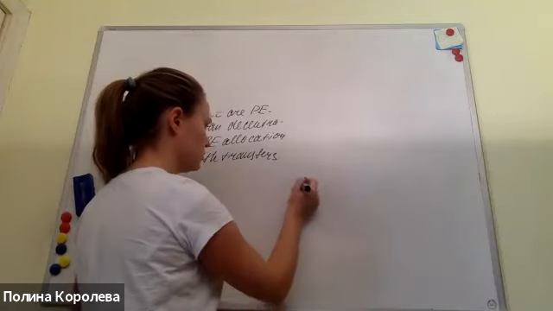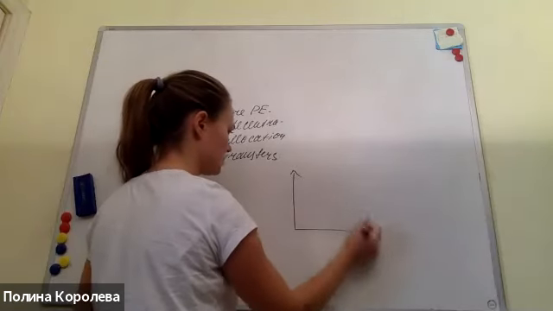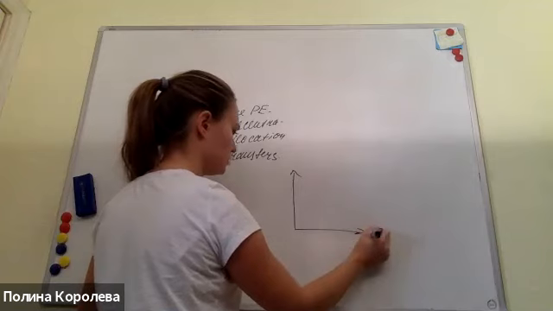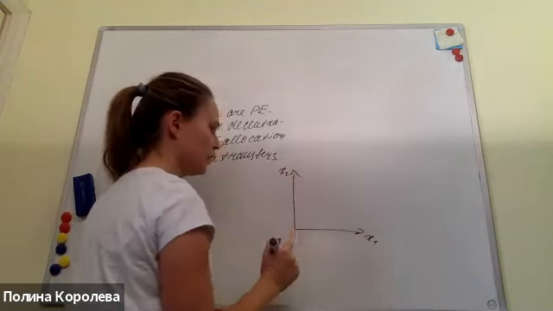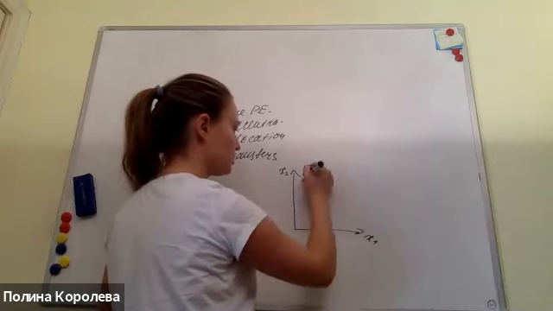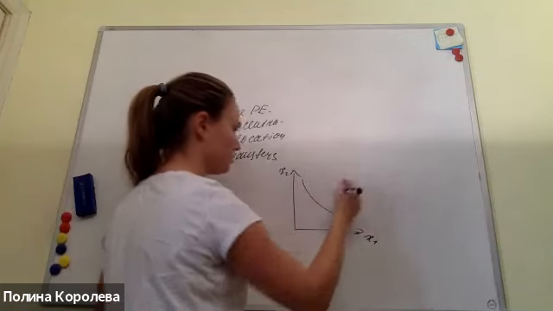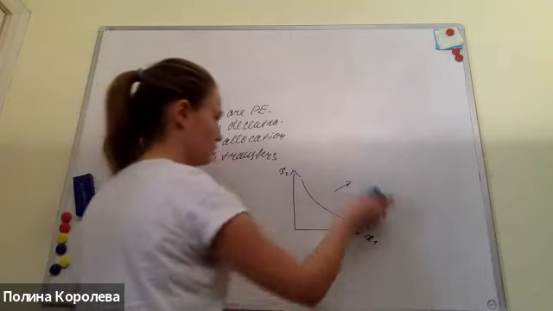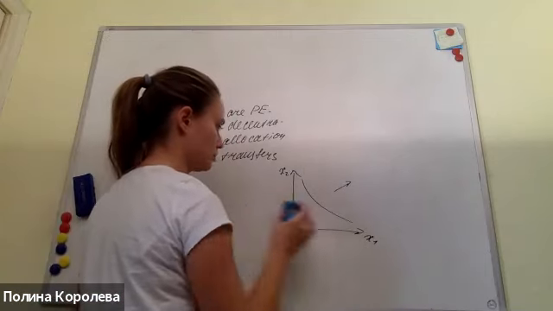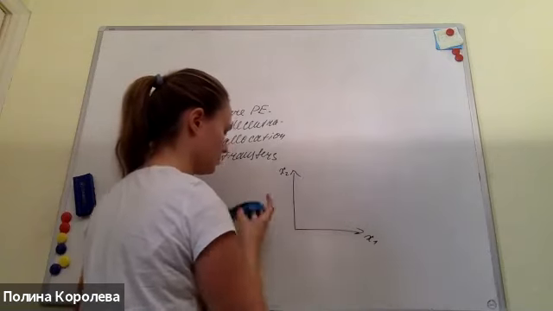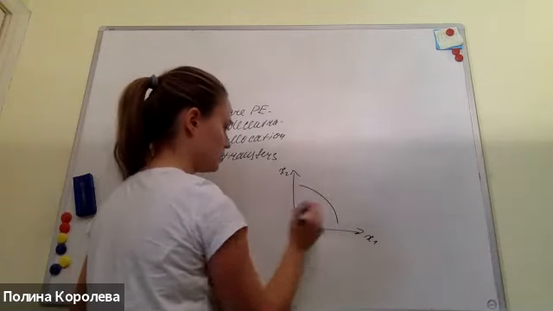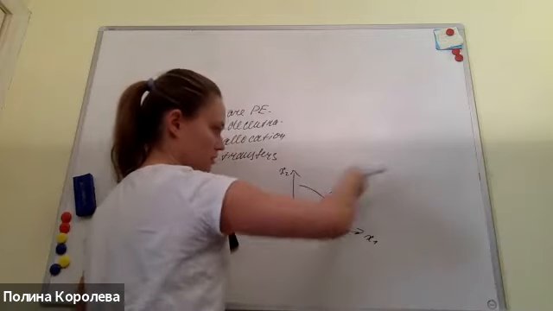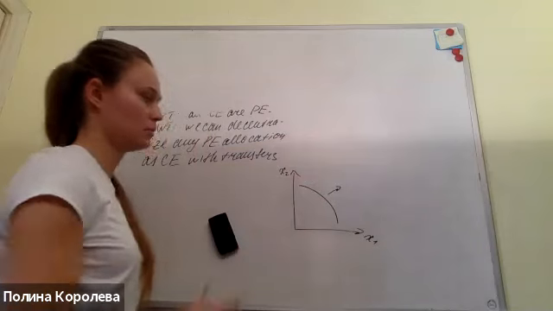Our preferences are not convex when the first good is bad for us and the second is good? No, not exactly. Convexity means the preferences are convex if our indifference curves look like this, and utility grows in this direction. If the indifference curves look like this and utility grows here, this is concave.